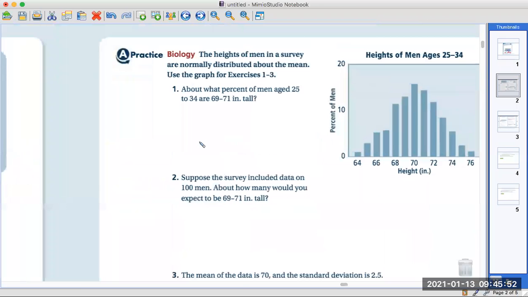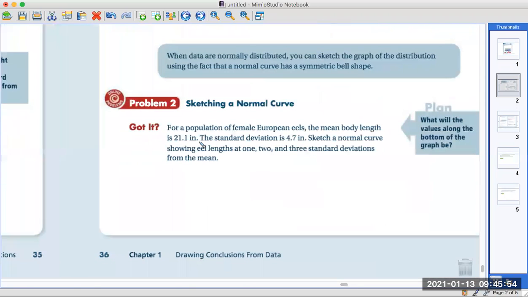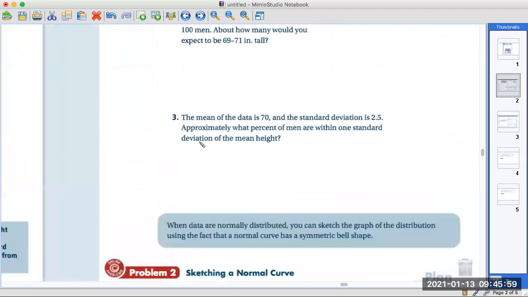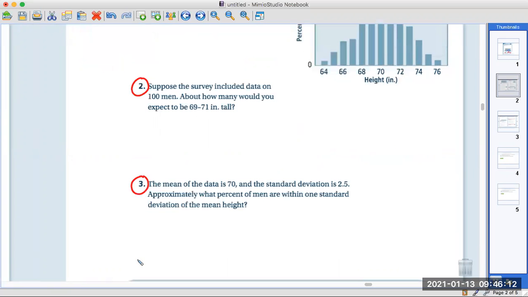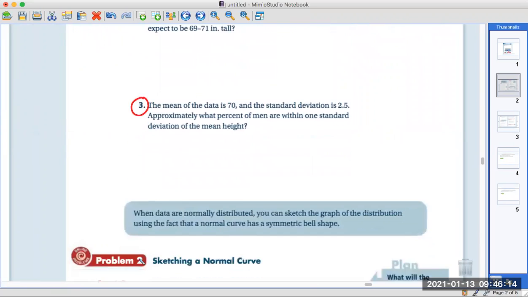So on this, the homework questions I assigned to you are on page 36, and it's the practice on top with the biology. So you're going to do number 1, 2, and 3 after you look at your lesson on Savvas Realize, or while you're doing it.